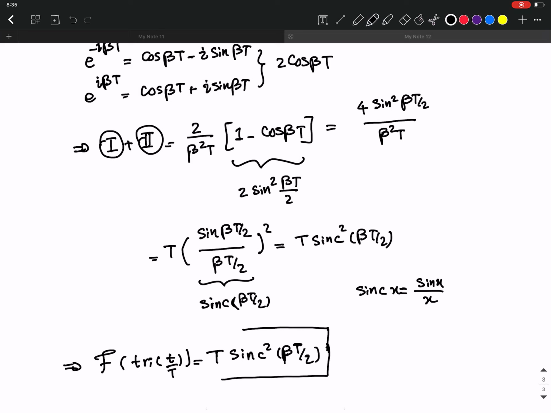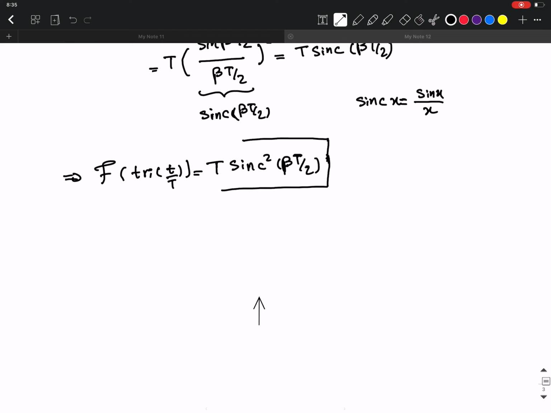Let me give you a hint of how a sinc function looks. A sinc function looks something like this.